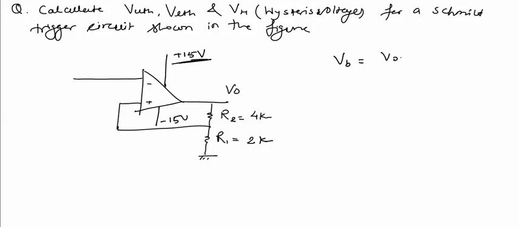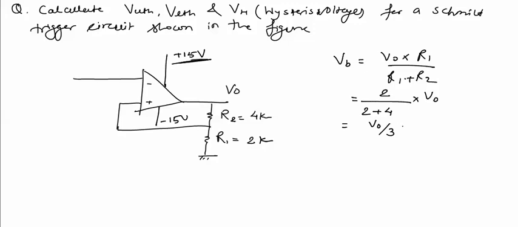Vb comes out to be V0 into R1 upon R1 plus R2. Now substituting R1 and R2, we get 2 by 2 plus 4 into V0, which is equal to V0 by 3.